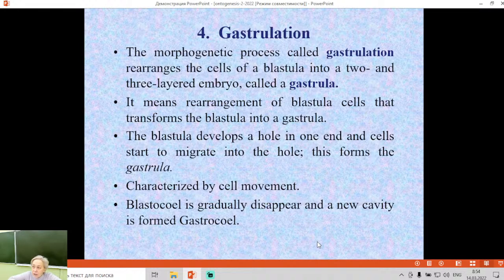Next stage, gastrulation. After cleavage, the embryo, which is called a blastula, undergoes gastrulation.